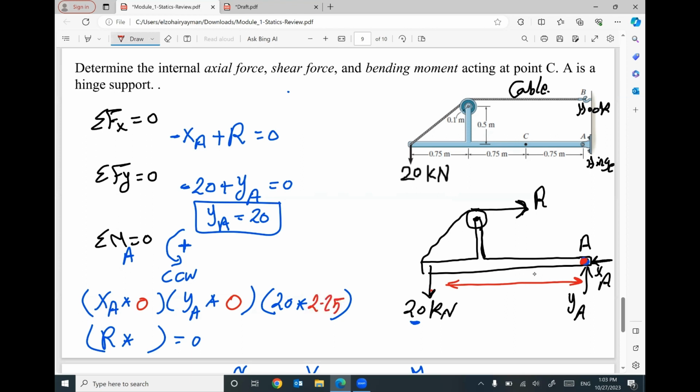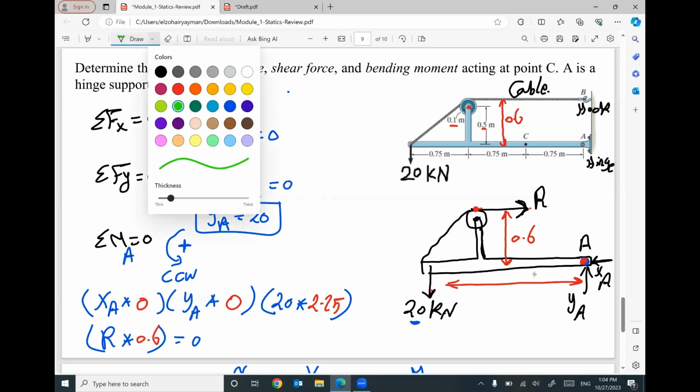And the distance between the position of R and A, this distance will be vertical distance because your force is horizontal. I think this distance will be 0.6. It's not 0.5, 0.5 to this center only, but I have to add the radius. So the total distance will be 0.6 because I have 0.1 radius. This term is 0.